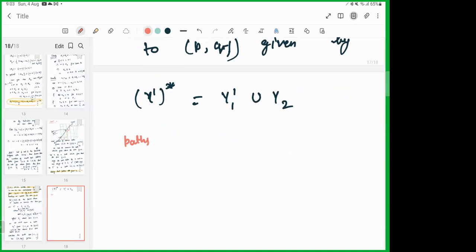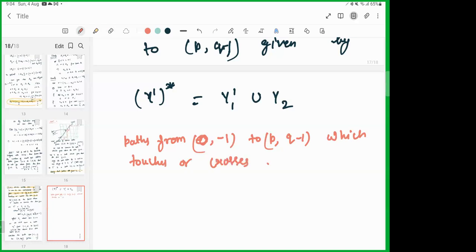Paths from -1, 0 to p, q minus 1, which touch or cross the line y equals x, are in 1-to-1 correspondence. This is a 1-to-1 correspondence.